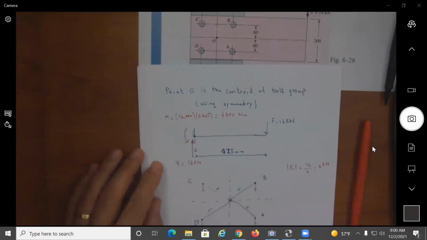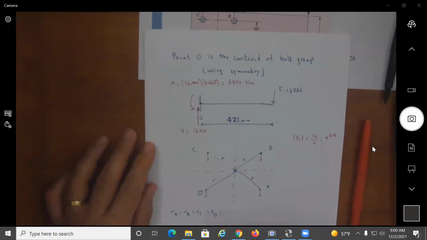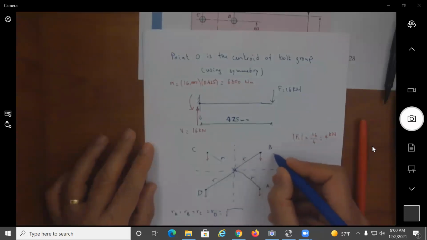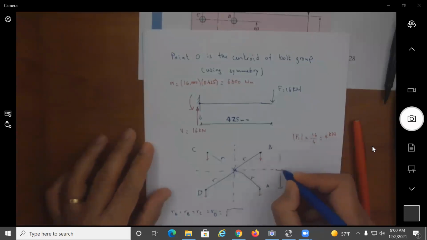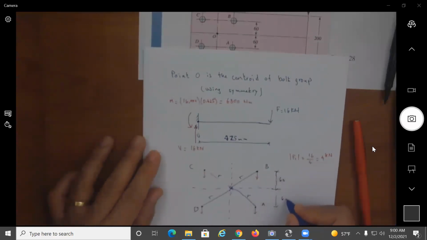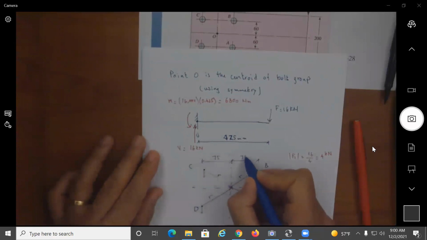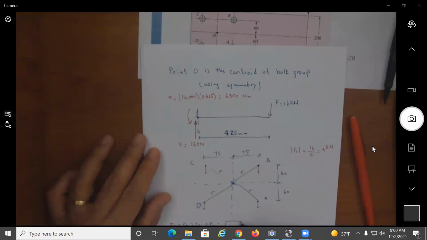So we can say that RA equals RB equals RC equals RD, and they are all equal to the square root, using the geometry here, of 75 squared plus 60 squared, and of course everything is in millimeters, which is equal to 96 millimeters.